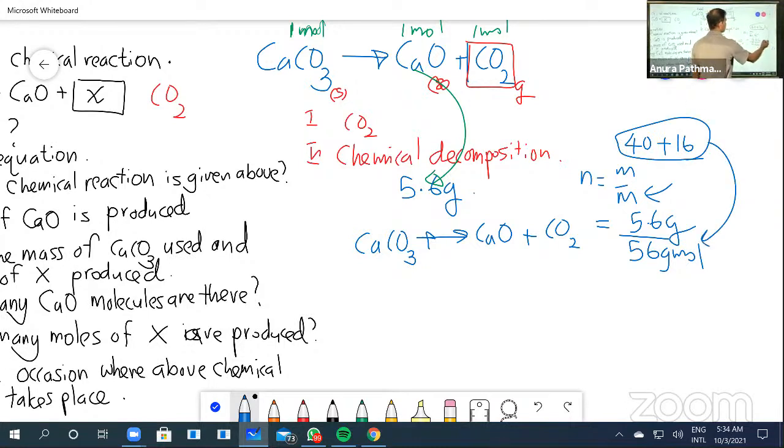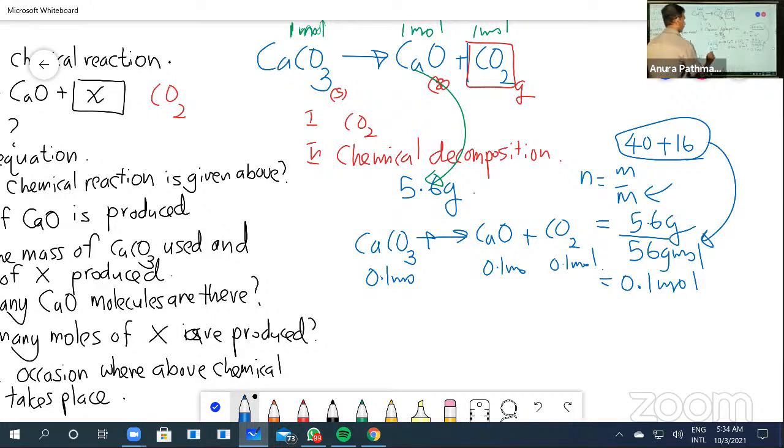And the answer is 0.1 mole. So all produce 0.1 mole.